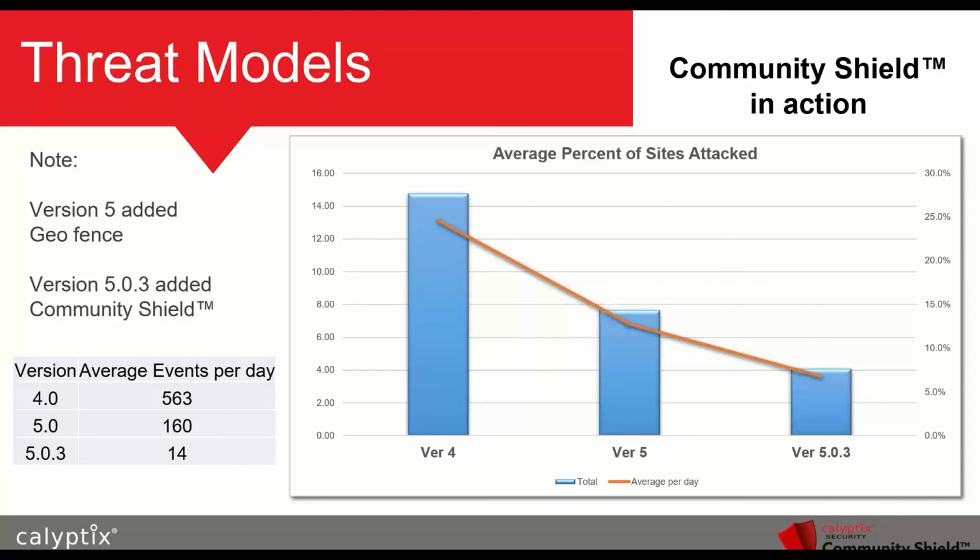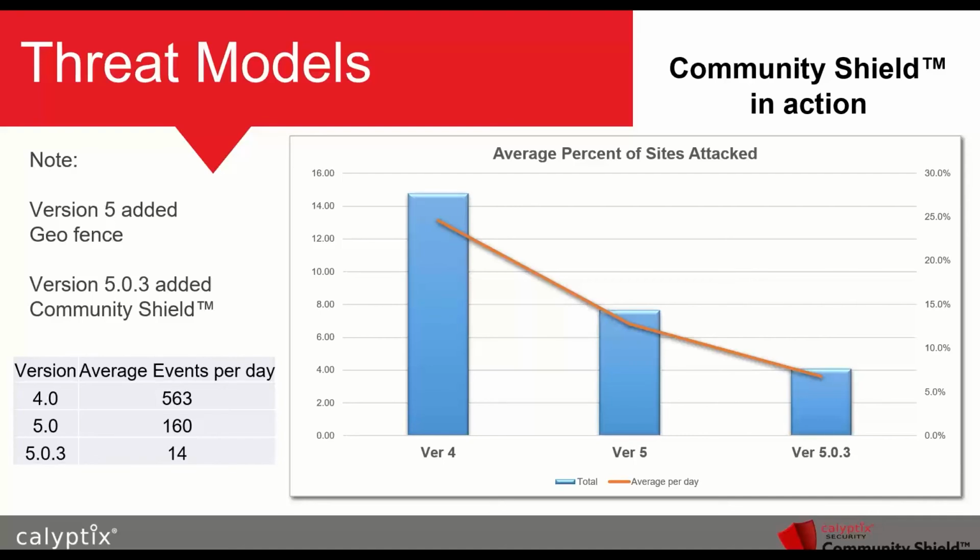And we calculated for the last 60 days, based on the version, what percentage of sites were getting hit with failed logins. So version 4, about 25%. Version 5 with Geo Fence dropped that down to 12%. And with Community Shield, on average, we're dropping that down to about 7%.